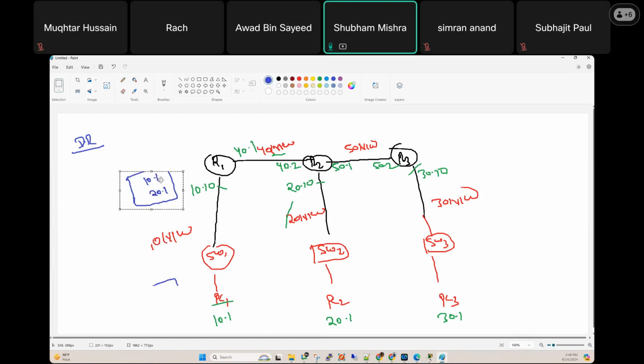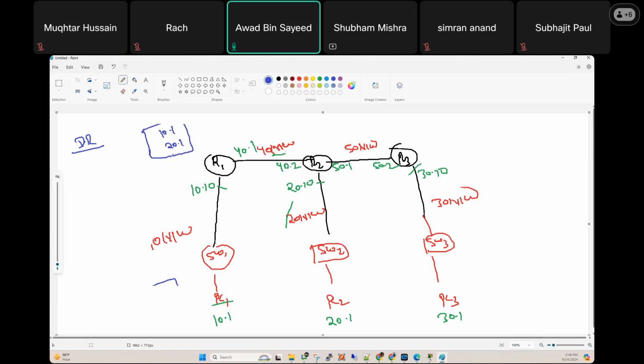The packet will reach the router. What will the router do? The router checks which table? Routing table. But in the routing table of R1, what information will you get? 10 network, 40 network.